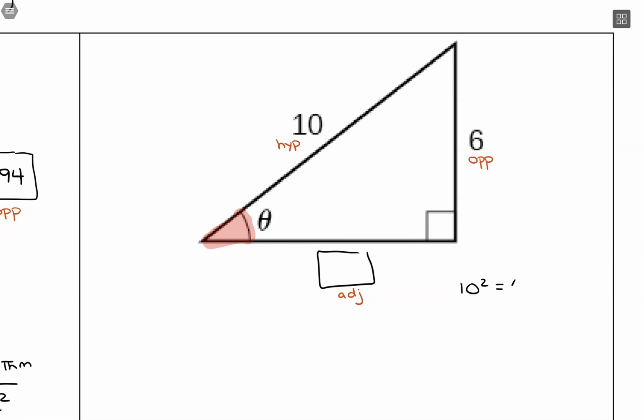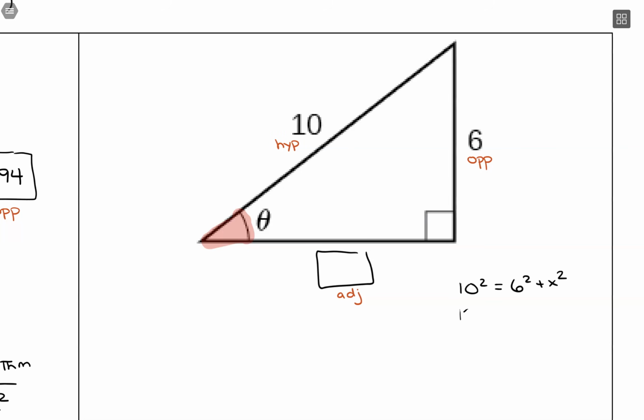So 10 squared equals 6 squared plus x squared. 100 minus 36 is 64. Let's see, 64 is divisible by 16 and the square root of 64 is 8. That's a nice one. So we're going to have a side length of 8 there.